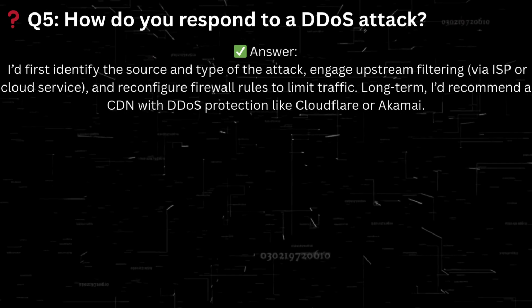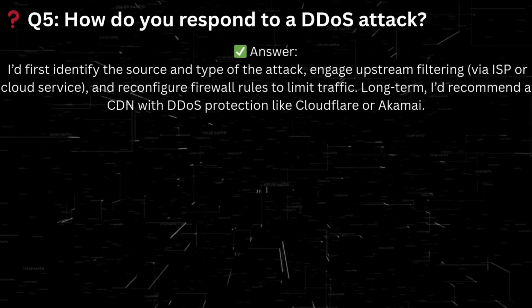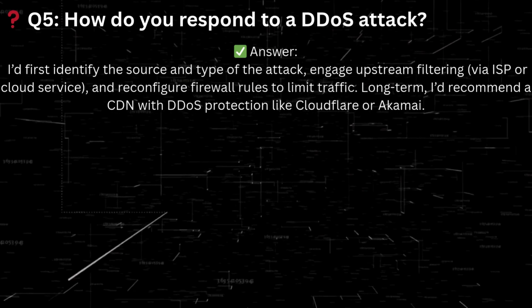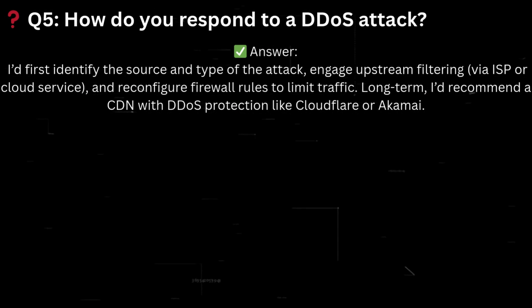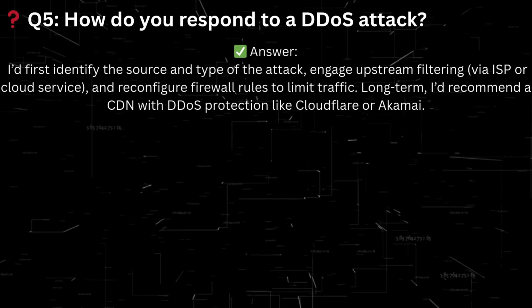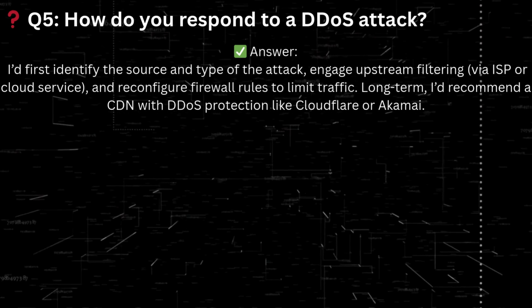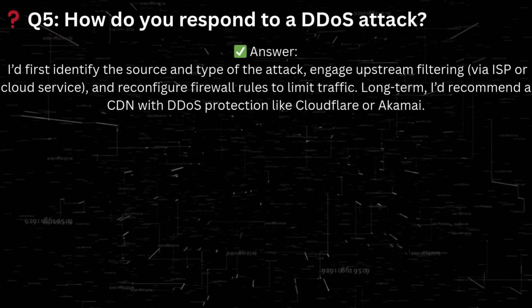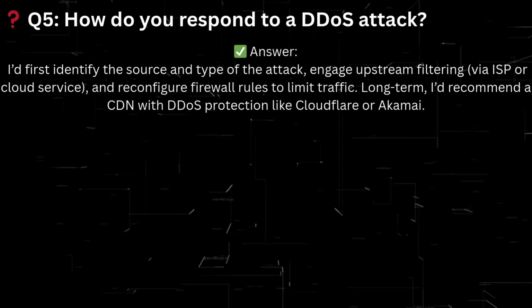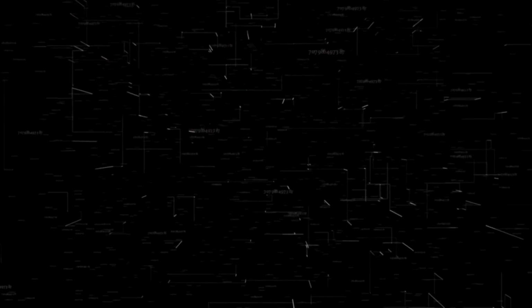For the long term, I would recommend CDN DDoS protection like Cloudflare or Akamai, which will be efficient for this kind of attack. We will not take a lot of questions; there are a lot of questions there you can practice on.